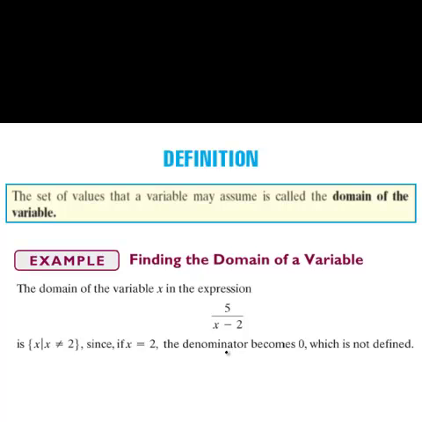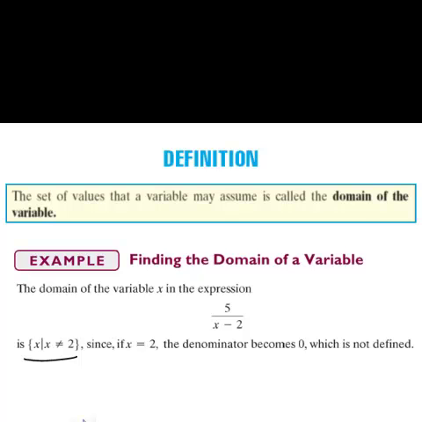So that means that 2 cannot possibly be an allowable input. So 2 is not in the domain. Otherwise, any other value for x is good. So one way that we could write the set of numbers that is allowable, in other words, the domain, is given by the set builder notation, x such that x is not equal to 2.